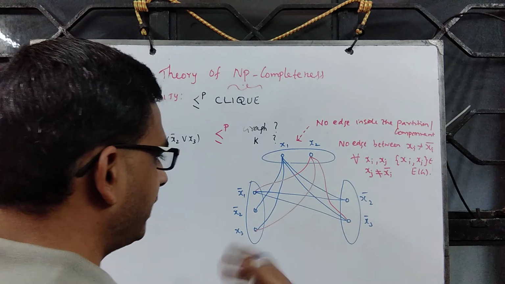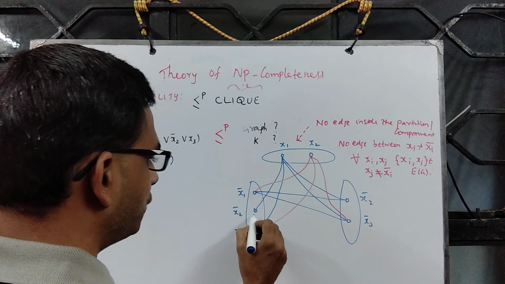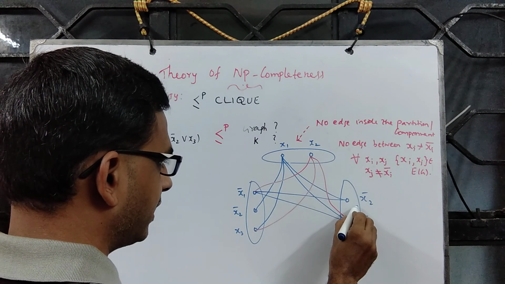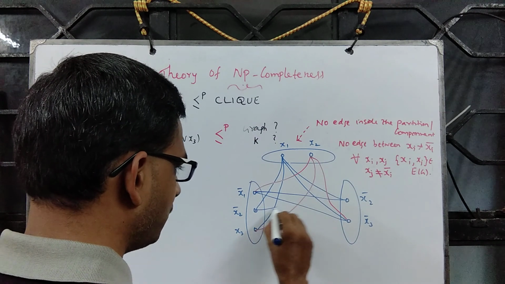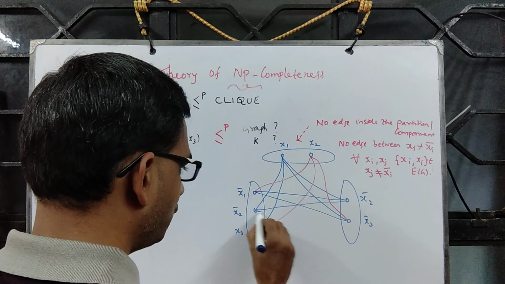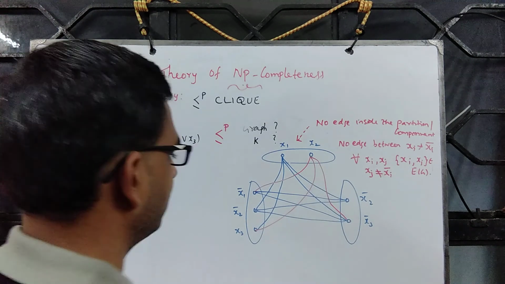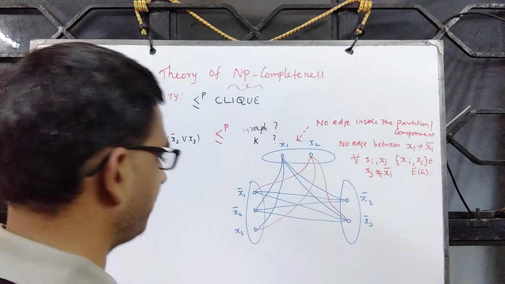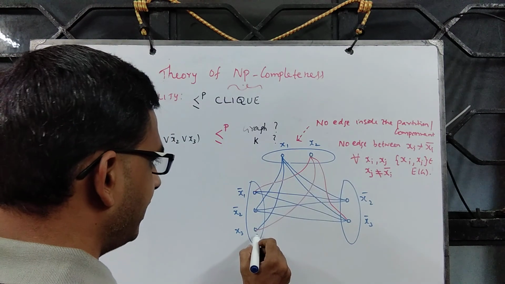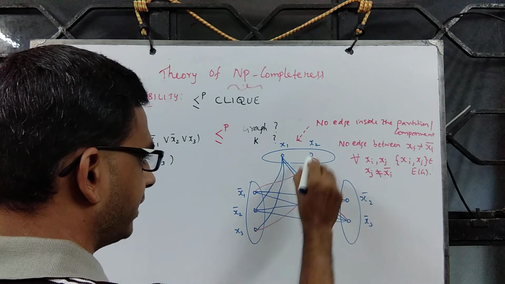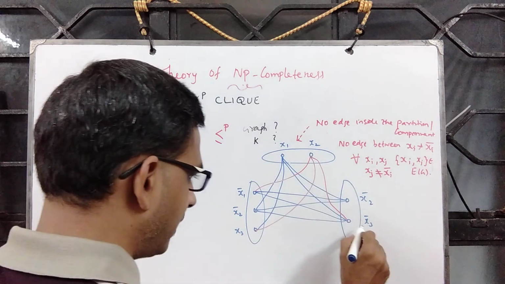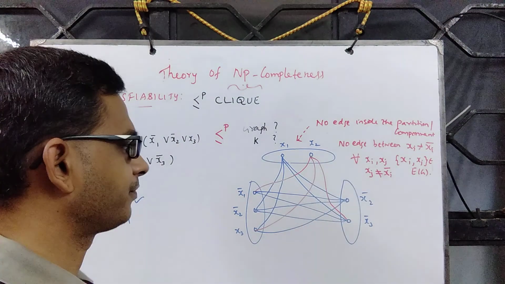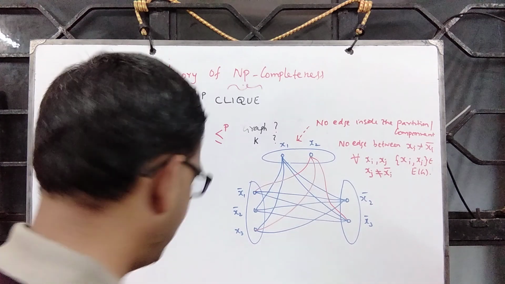And like that we draw other edges. x2 bar is adjacent to x1, not adjacent to x2, and x2 bar and x3 bar are adjacent. Only thing is, it should not be adjacent to its complement, inside or outside. Now look at x3. x3 is adjacent to x1, x2. x3 should not be adjacent to x3 bar. x3 can be adjacent to x2 bar. That's all we have done.